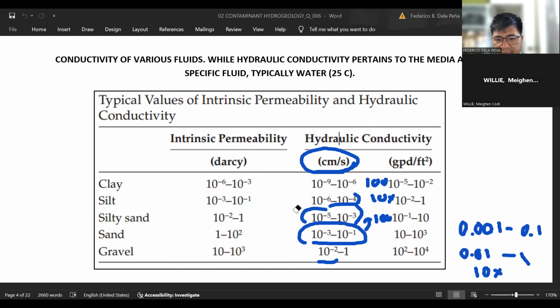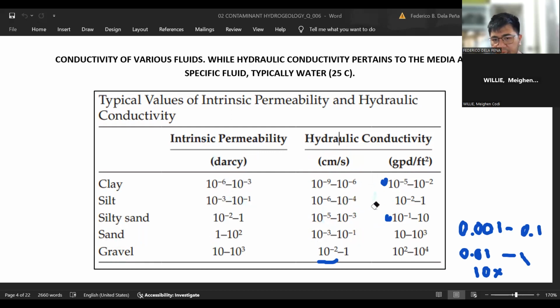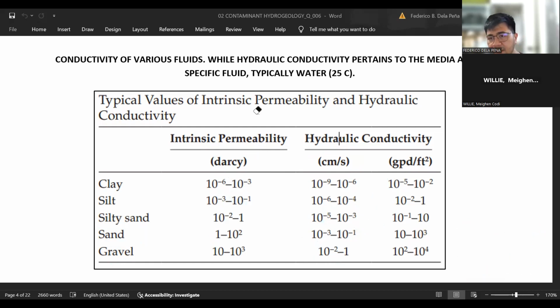And you can imagine in hydrogeology and in contaminant calculations, a simple mistake in identifying the soil type can result in a very, very huge error in the calculations, by a minimum factor of 10.